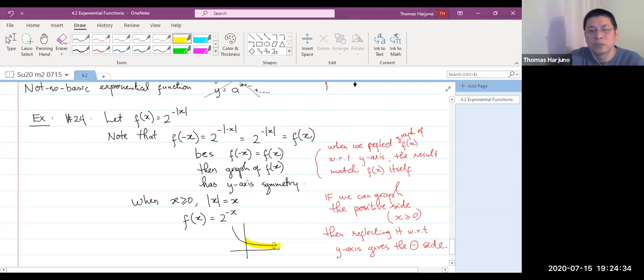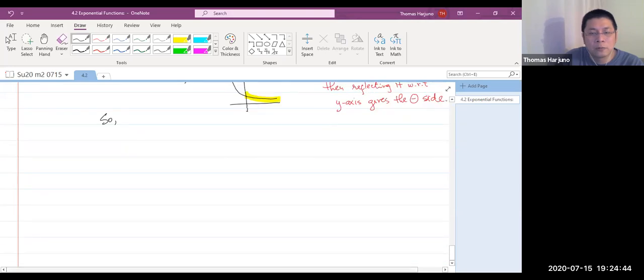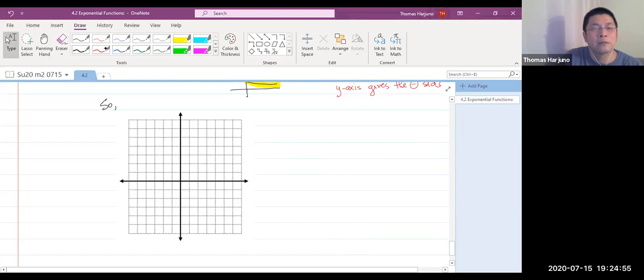Okay, now let's put that into practice. If I use the graphing paper now, then the graph will be as the following. This is the y-intercept, and then 1/2, 1/4, and so on and so forth, right? Okay, looks like this.